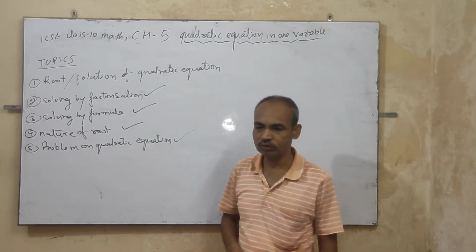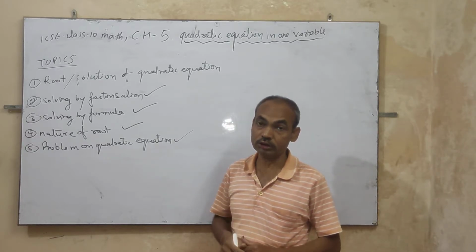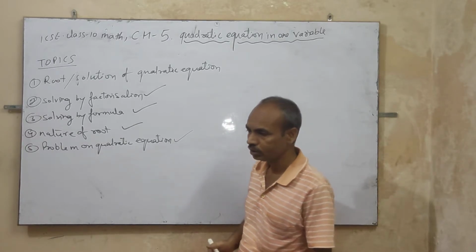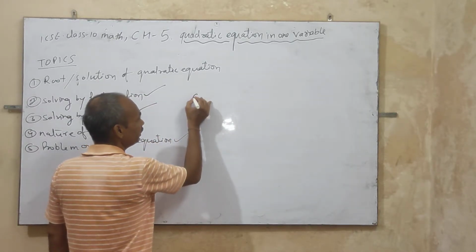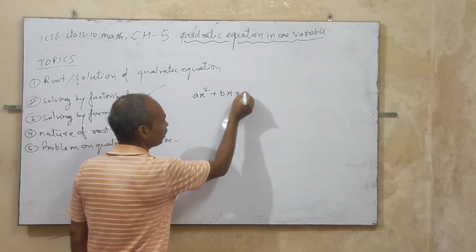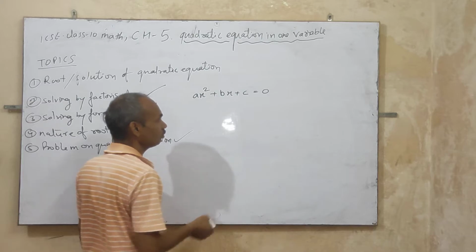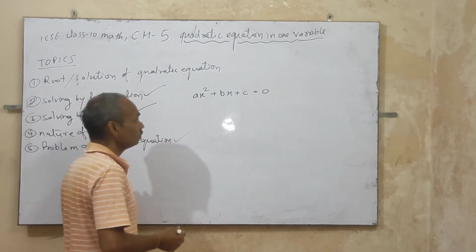First of all, we should know what a quadratic equation in one variable is. Any equation in the form ax square plus bx plus c is equal to 0 is known as a quadratic equation.